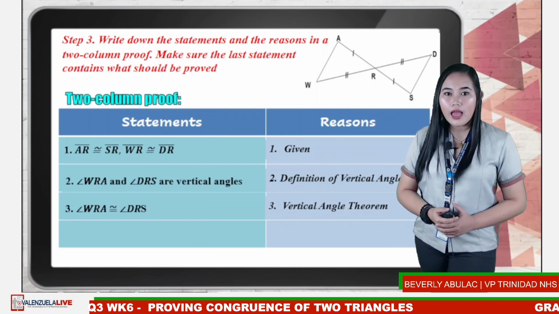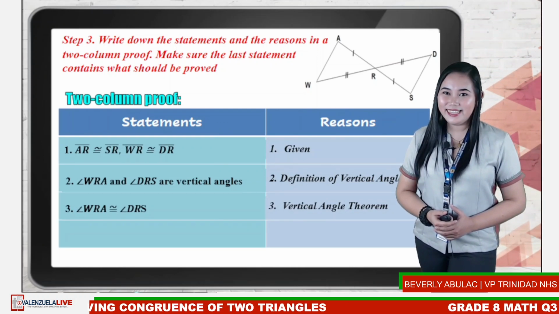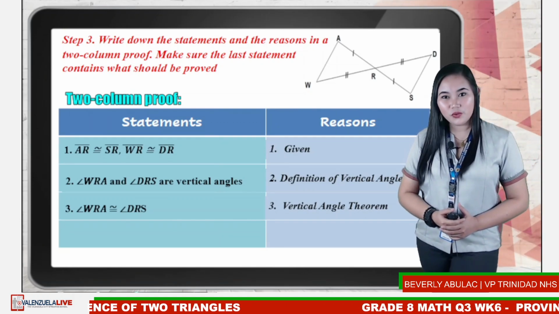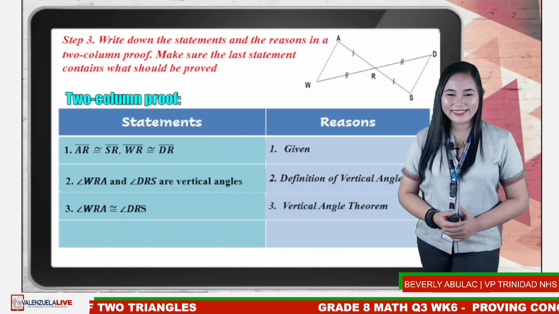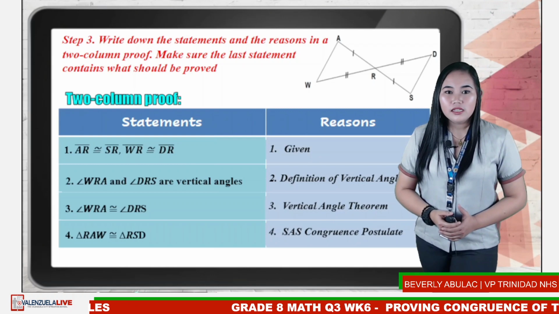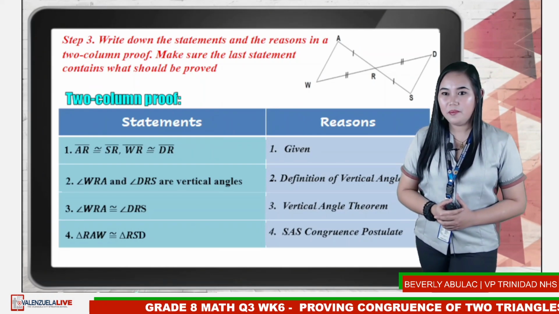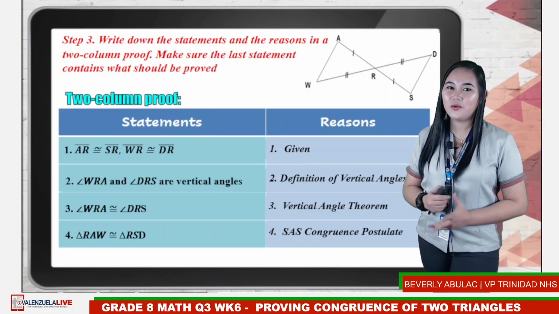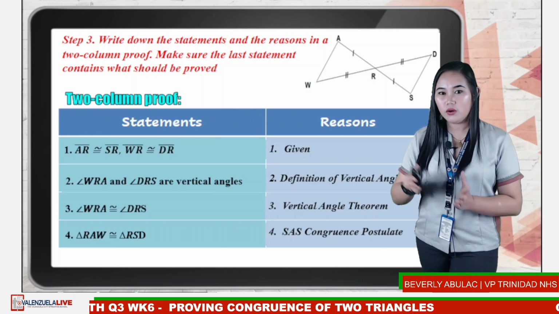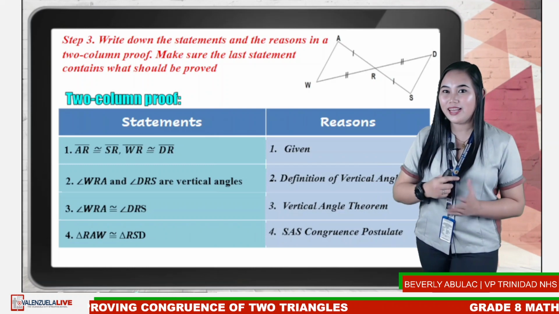Next, angle WRA is congruent to angle DRS, by the vertical angle theorem. From that, triangle RAW is congruent to triangle RSD by the SAS congruence postulate. Now, we were able to show the congruence of the two triangles using the SAS congruence postulate.